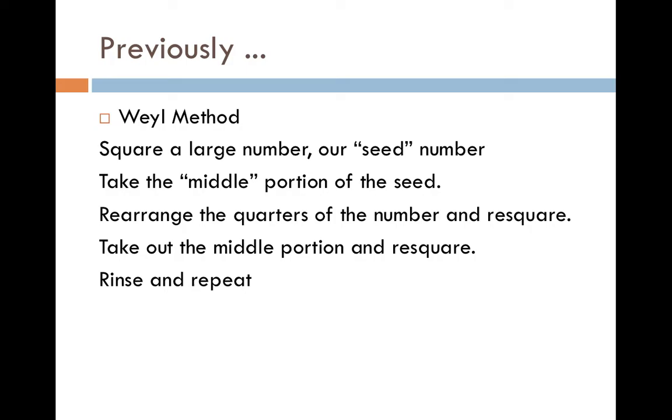It's essentially a rinse and repeat of look at the middle, rearrange the middle, square it, and you have your next number, and you do the iteration again and again and again.